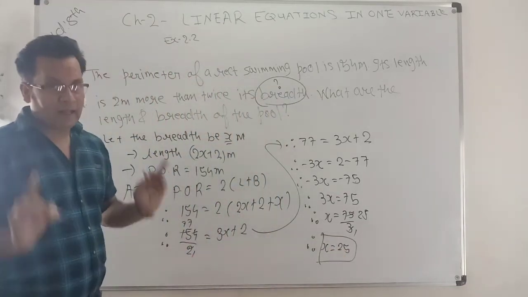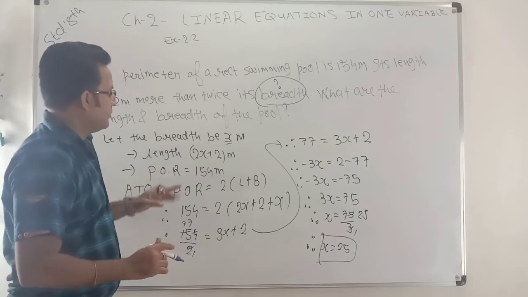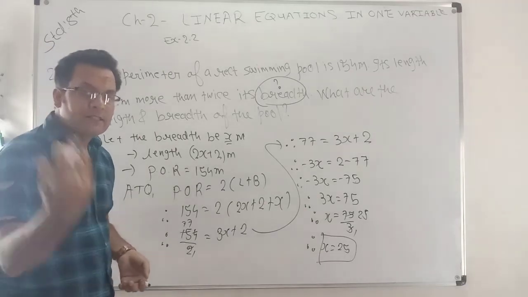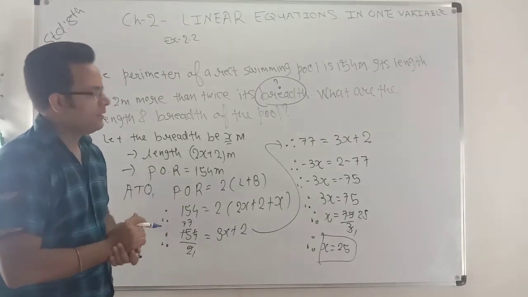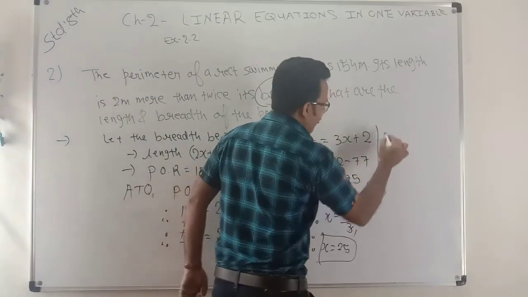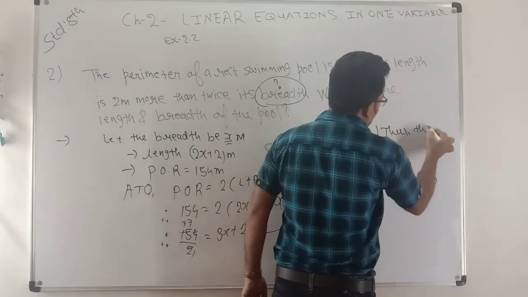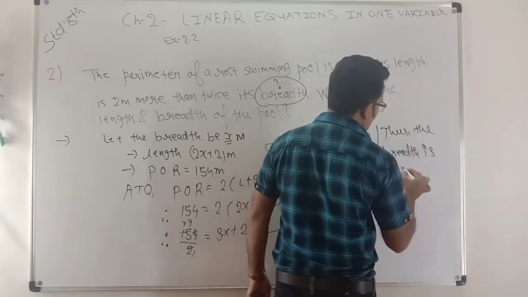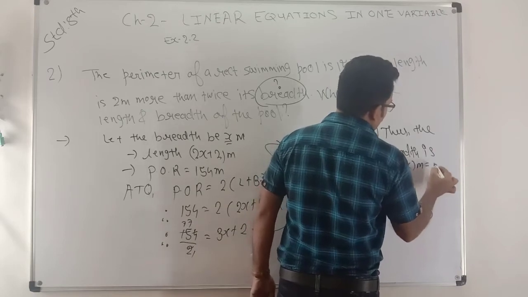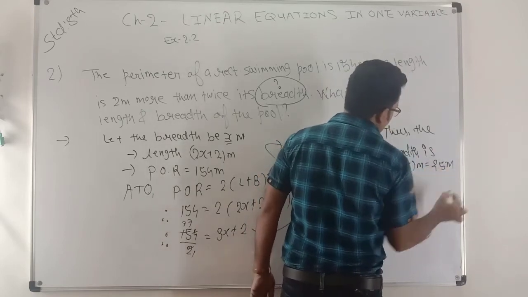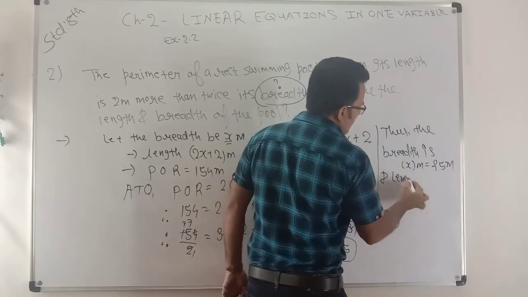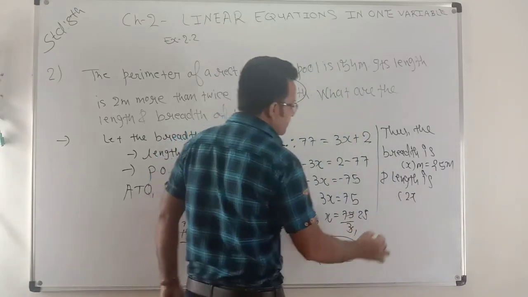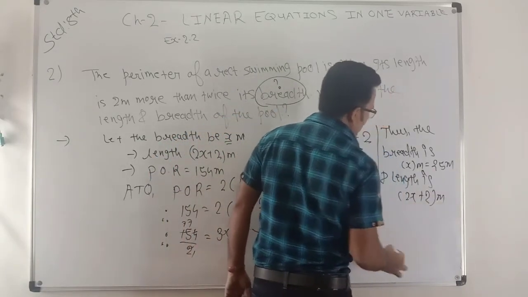You got the value of x. Now you have to see what you supposed. Breadth. So you got your breadth. But in length you have to substitute. You have to put the value of x. So thus the breadth is x meter is equal to 25 meter and length is 2x plus 2 meter.